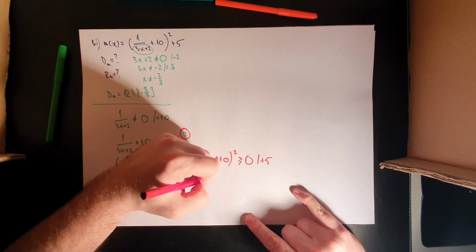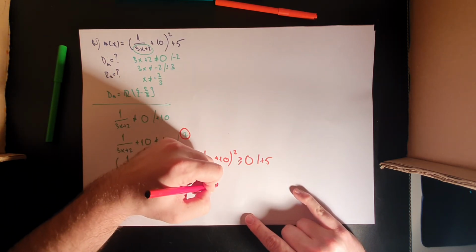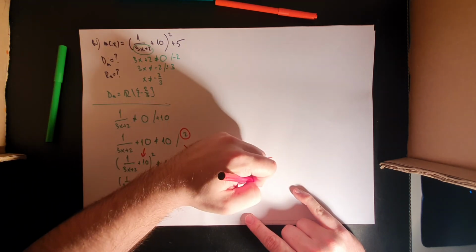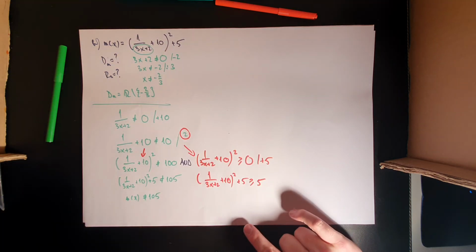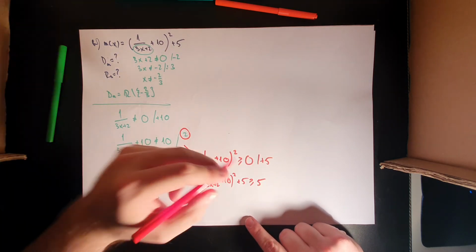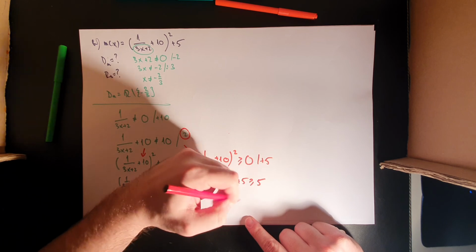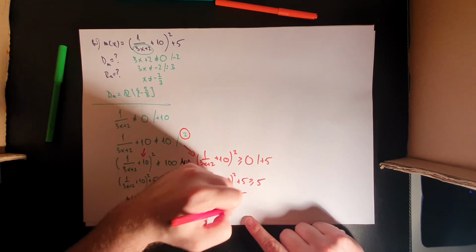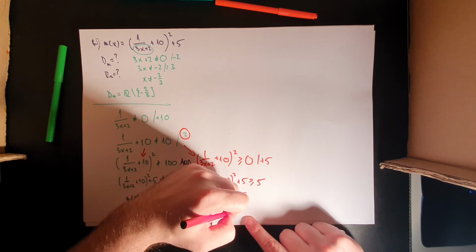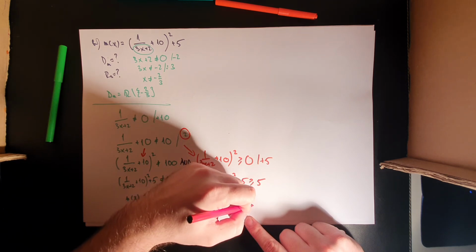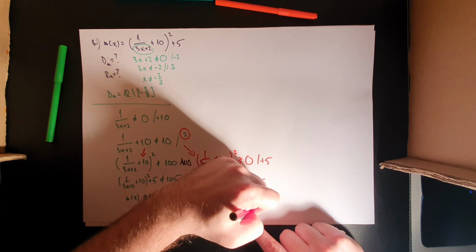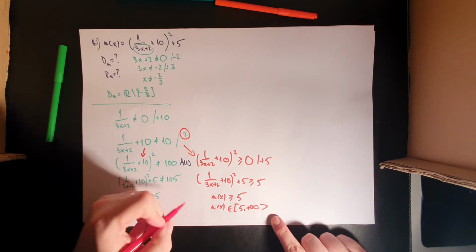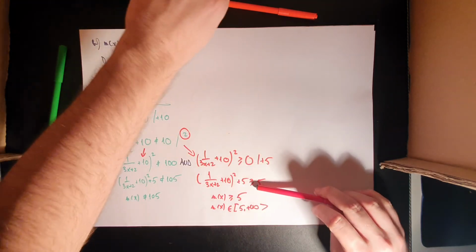Luckily, no more things to work with. So the whole thing is going to be greater or equal to 5, meaning in this case we're working with n of x that is greater or equal to 5. Meaning that n of x is an element from 5 included to plus infinity. Well, we have to work with the and. Let's not forget about the and.